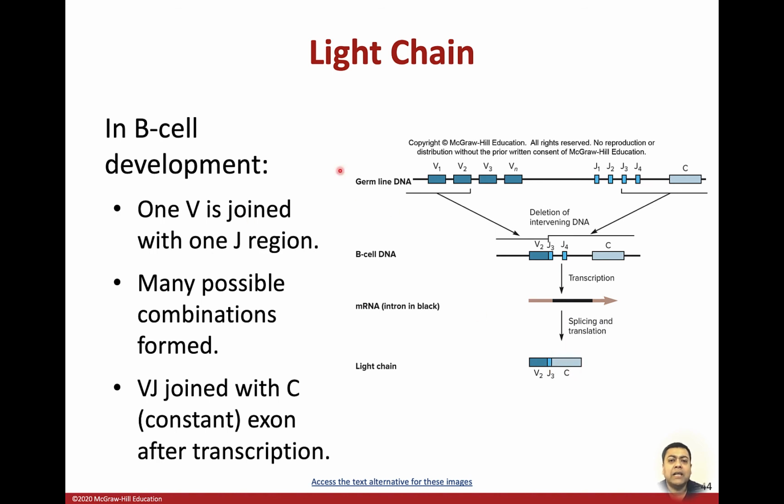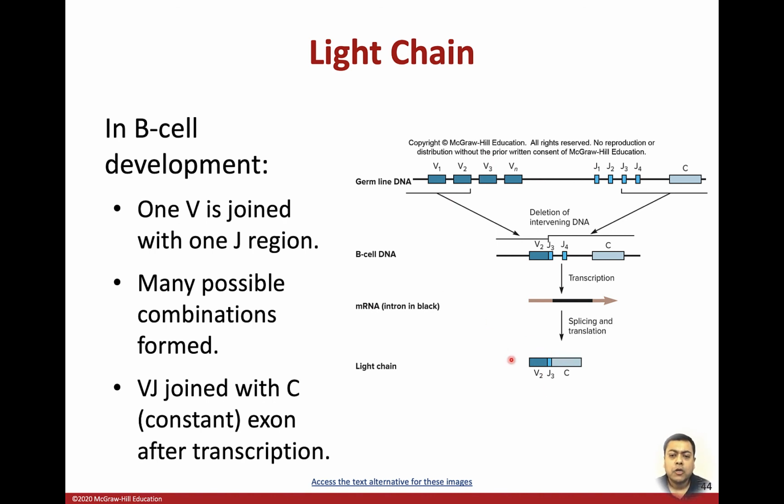So think about that. You have so many different V regions, so many different J regions. How many different combinations can happen in the variable region? Remember that the constant region is the same in all different classes of antibodies, because this doesn't bind to the antigen. This V and J region is the variable region, which is responsible for binding the antibodies, and all these combinations are going to lead to this diversity.